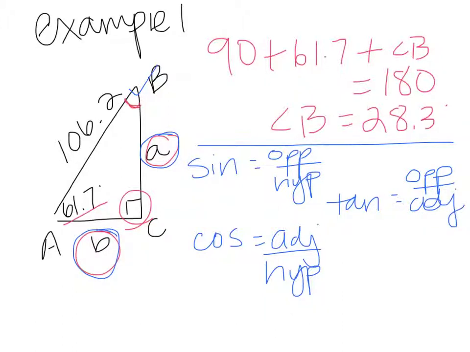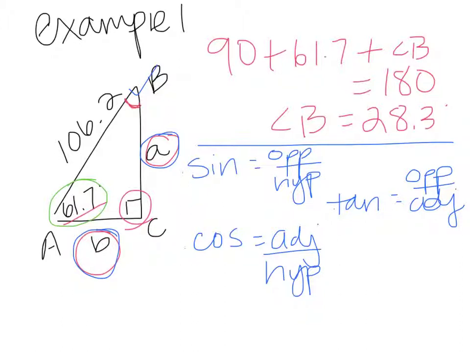So in each of these problems, what I'm going to do is look at my triangle and see what angle I know, what side I know, and then one of the sides I'm looking for can be solved using one of my three trig ratios. If I go back to my triangle over on the left, the angle I know is 61.7 degrees.